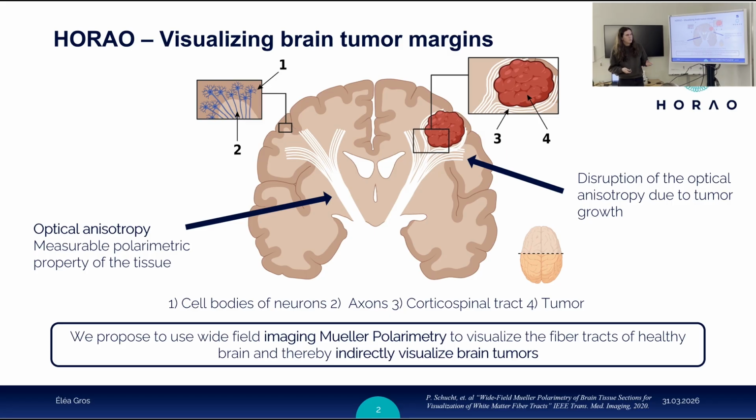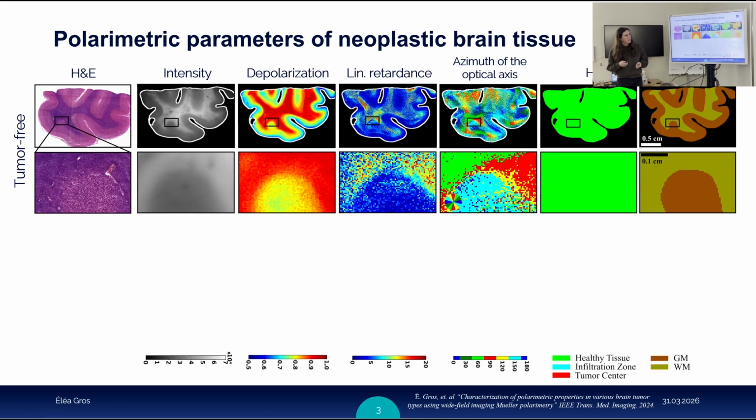If we see the absence of optical anisotropy or order in the tissue, then we would assume that this region is tumor. Two years ago, we published this paper in TMI, which was the first proof that there is a contrast that we see using our technique for brain tumors.